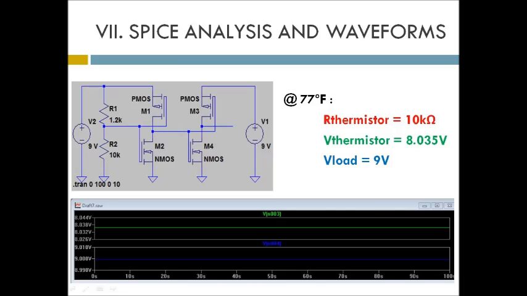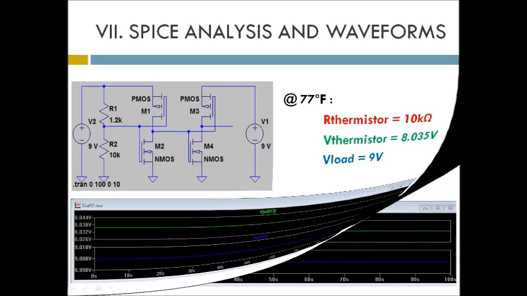As you can see, the green line represents the input voltage or the voltage across the thermistor, and the load voltage or the output voltage from the second inverter is 9 volts, and as you can also see, the blue line on the graph below represents the load voltage or the output voltage from the second inverter.